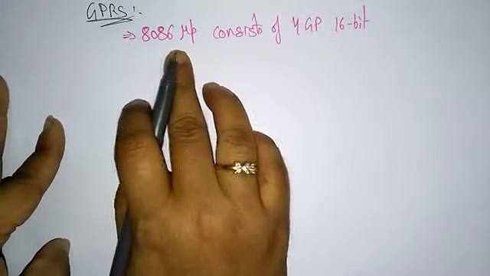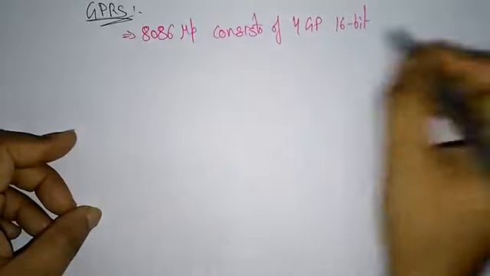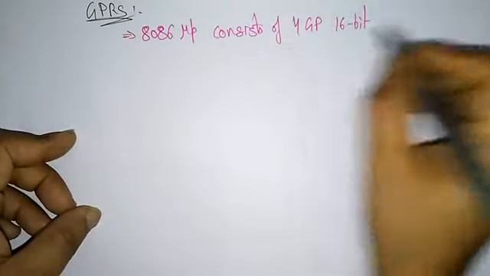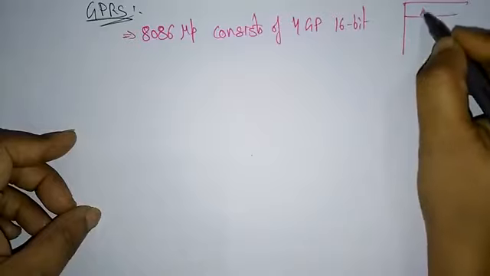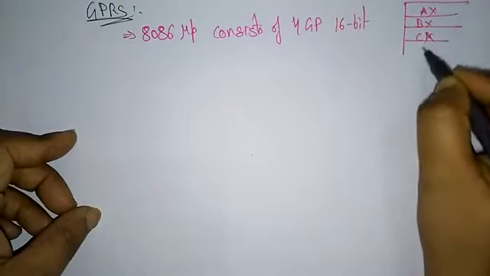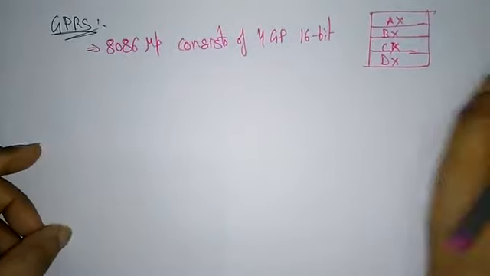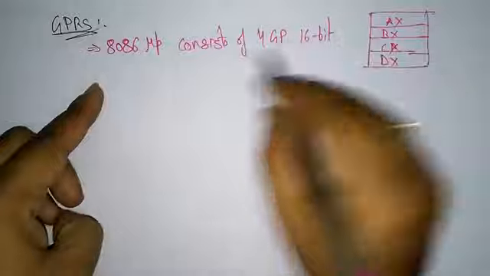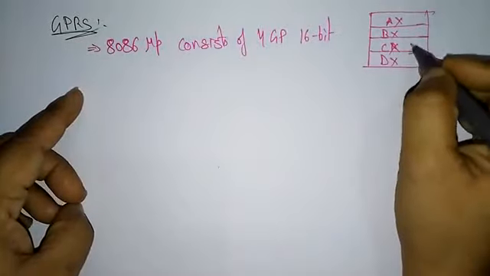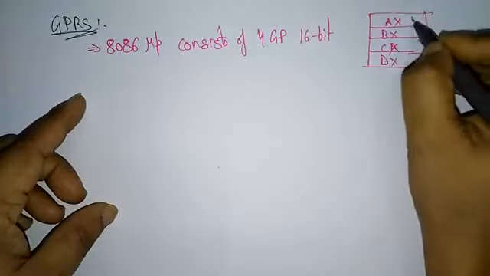Those are AX, BX, CX, DX. These 4 16-bit registers are called general purpose registers, used for general calculations and as temporary registers.